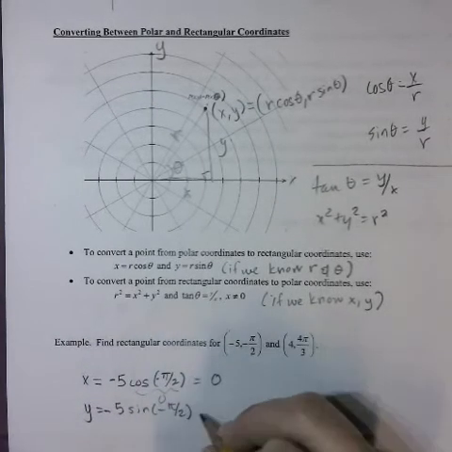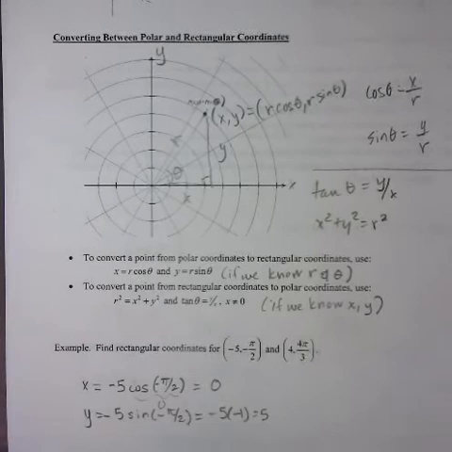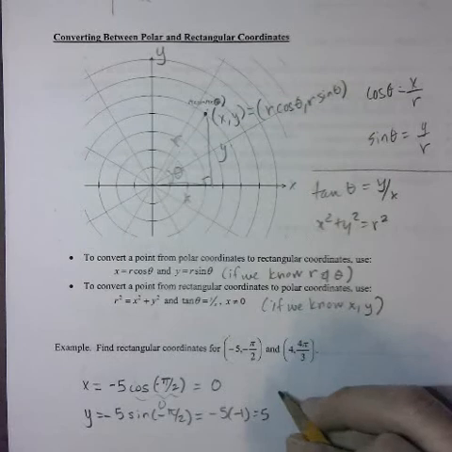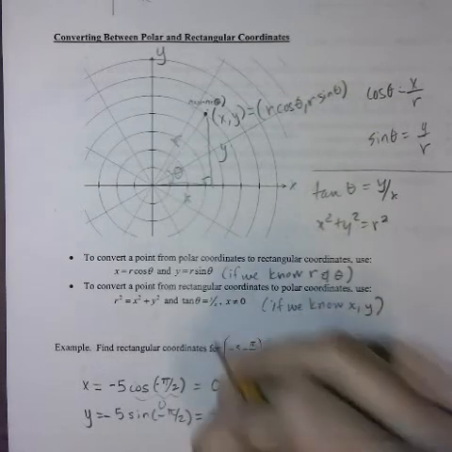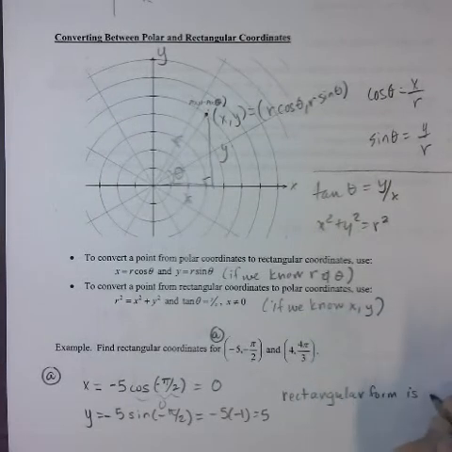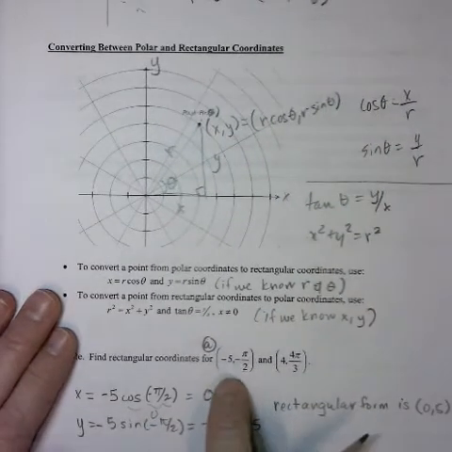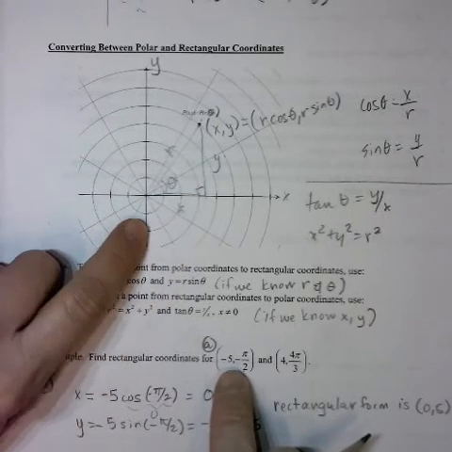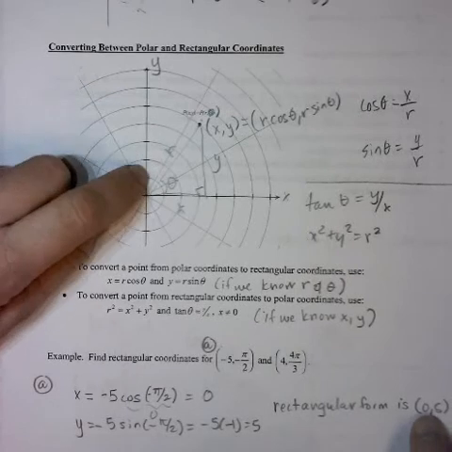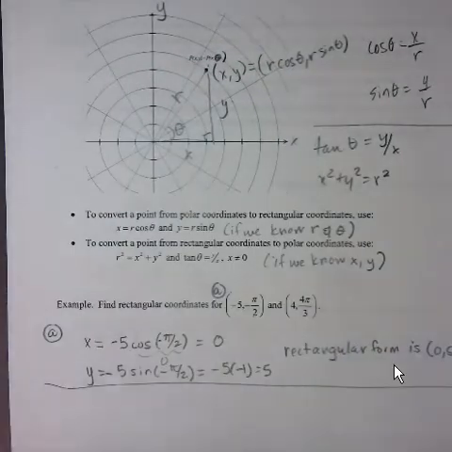So negative 5 times negative 1, which is 5. So the rectangular form, let's call this A for part A, is 0, 5. So think about that. That should make sense, hopefully. If you go down pi over 2 and then back 5, you're on the positive y-axis. That's in rectangular form, just x is 0, y is 5. So we can convert back and forth between the two systems.